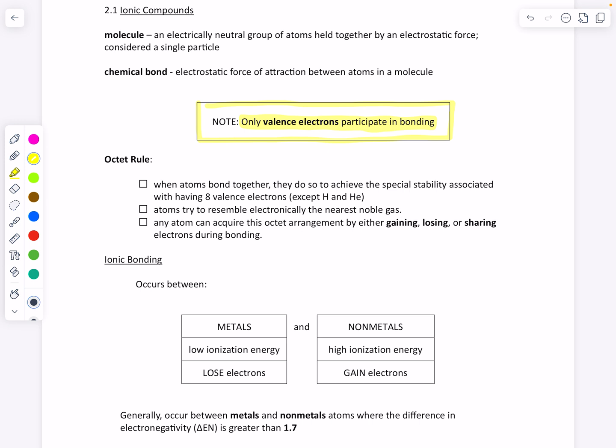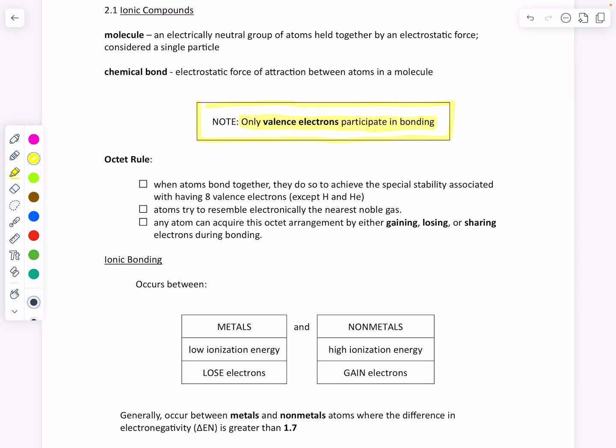And let's review the octet rule. The octet rule states that when atoms bond together, they do so to achieve the special stability associated with having 8 valence electrons, except for hydrogen and helium, which will have 2 valence electrons. The octet rule states that atoms try to resemble electronically the nearest noble gas. Remember that the noble gases have a complete set of valence electrons in their outermost energy level.